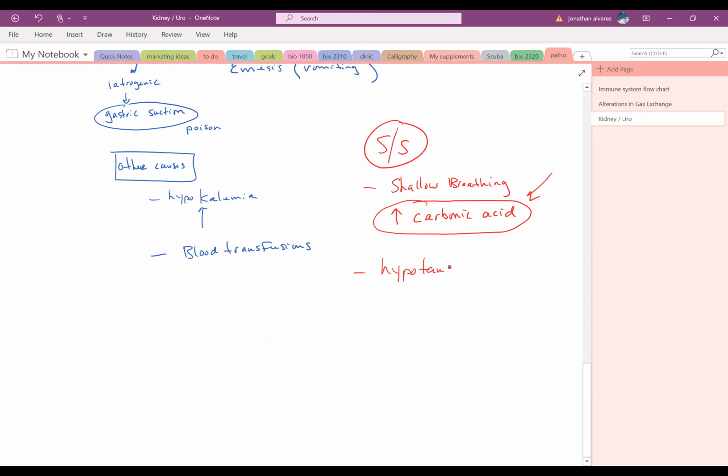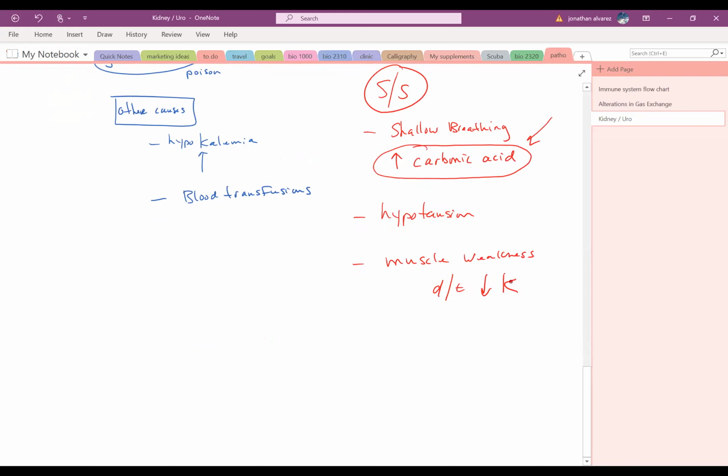Hypotension. Okay. Muscle weakness due to the decrease in potassium. Okay.